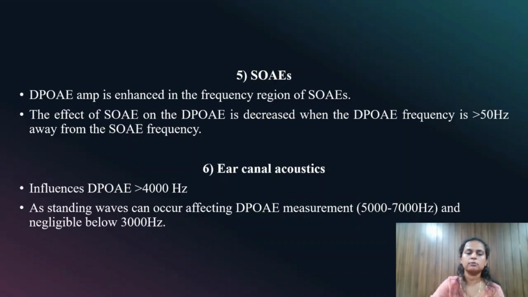The effect of SOAE on the DPOAE is decreased when the DPOAE frequency is more than 50 Hz away from the SOAE frequency. And ear canal acoustics: this influences DPOAE more at frequencies greater than 4 kHz, as standing waves can occur affecting DPOAE measurement, and is negligible below 3 kHz.